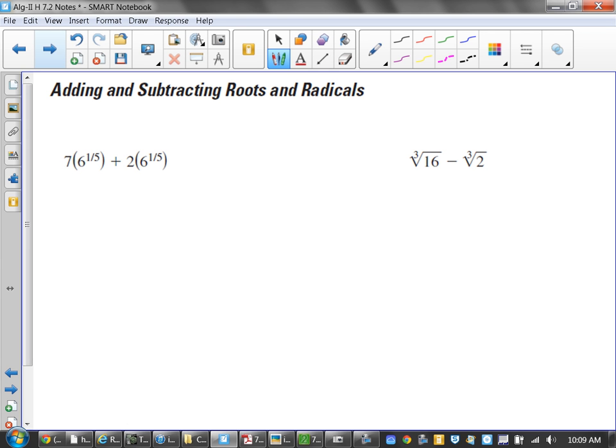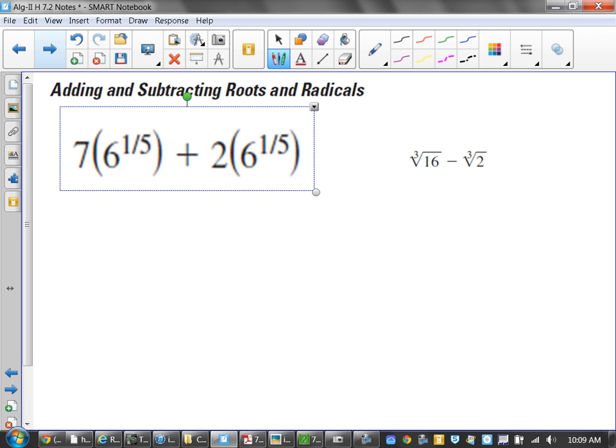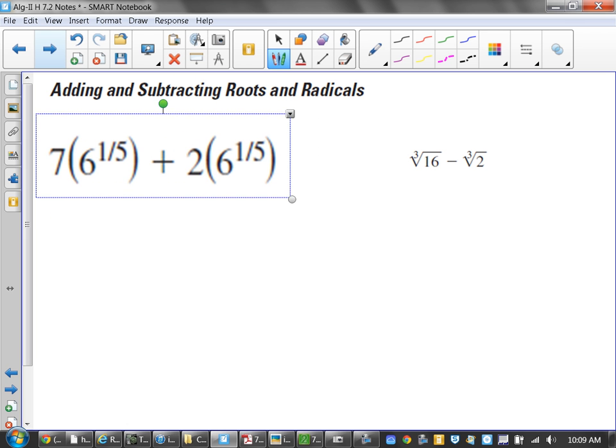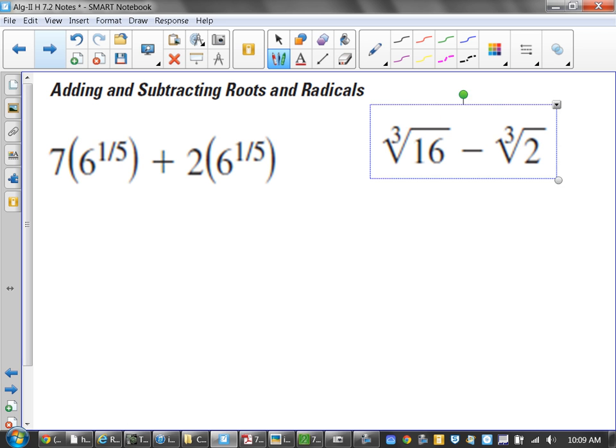Same idea when you're adding and subtracting with the rational exponents. You have to have the same. In order to add and subtract like you did before with variables, you had to have the same base, same exponent to combine like terms. It's the same thing here. It works out to do the exact same stuff.